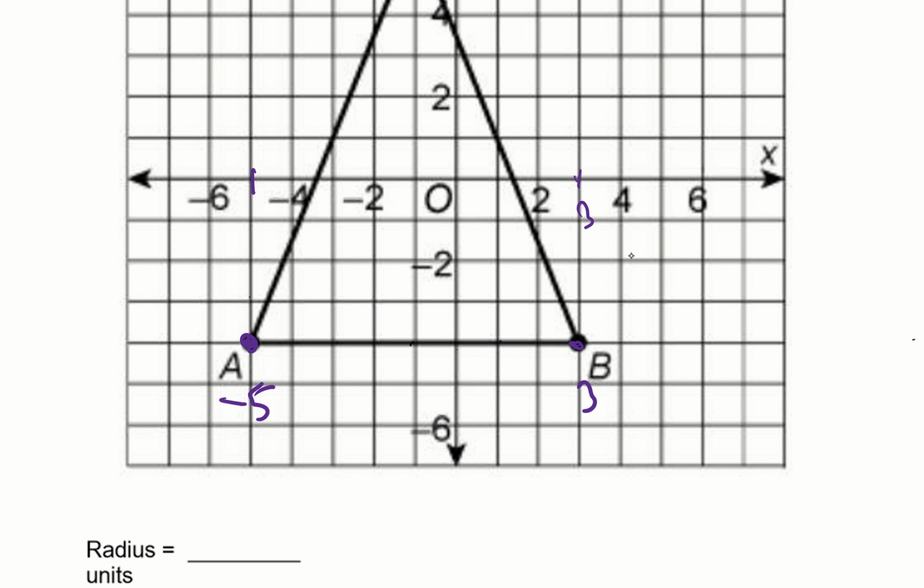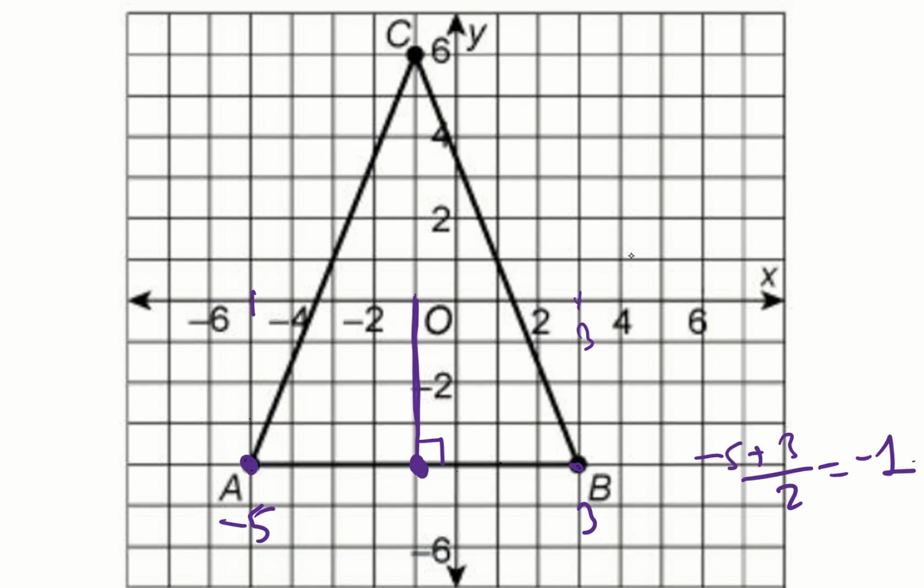Well, you have to add them together. So -5 plus 3 divided by 2. That'll give you -1. So the halfway point is -1 here. Okay, now we're going to cut this at a 90-degree angle, but that's pretty easy to do because it's straight up, and that will be a right angle.